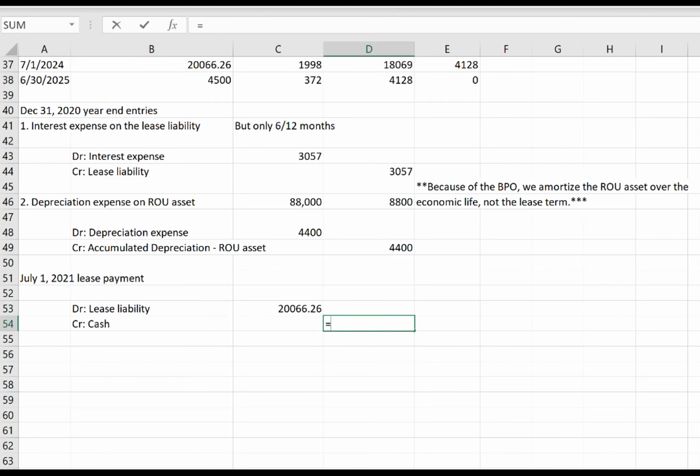Okay, so we're going to make our lease payment. That's pretty straightforward and always goes to debit to lease liability. So it's actually decreasing the lease liability on our statements because it's a credit balance and we're crediting cash.